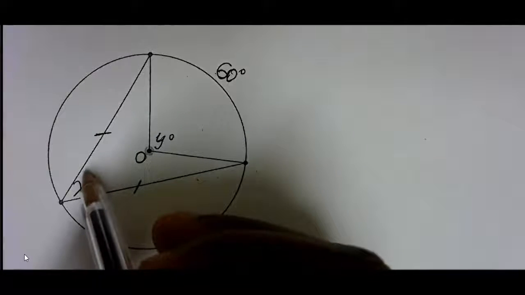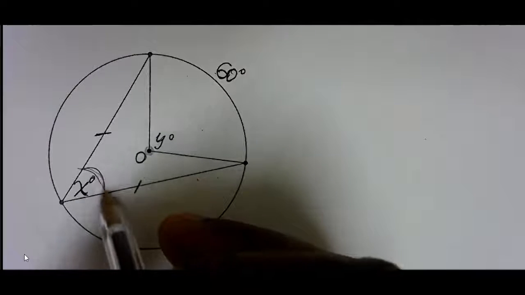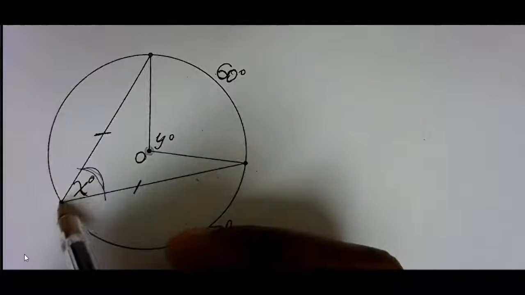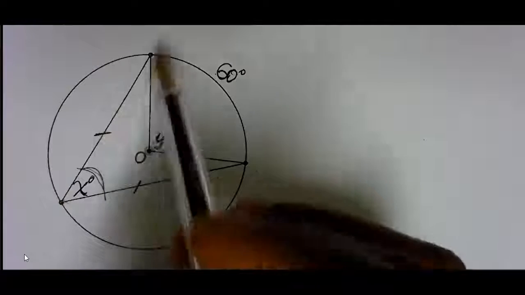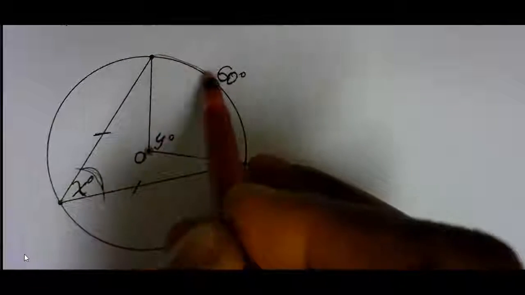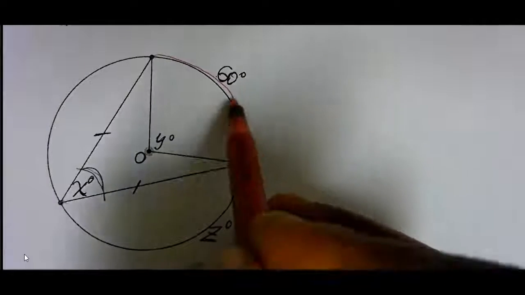Okay, here we notice that angle X is an inscribed angle because the vertex is on the circle and it intercepts this arc.